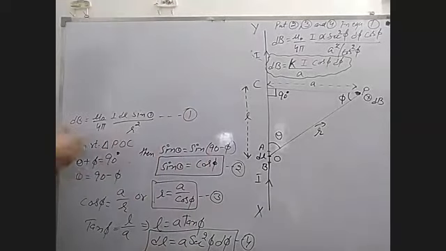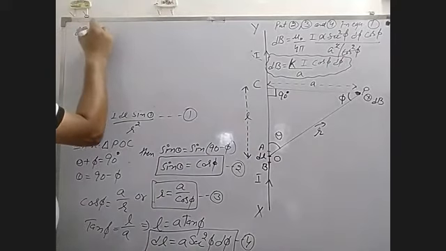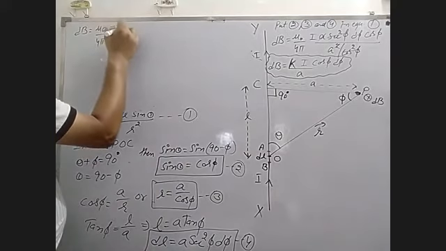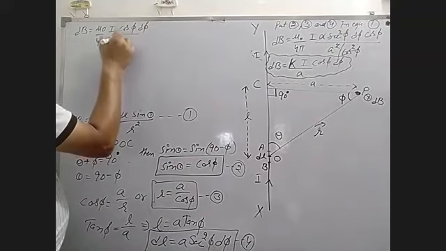Now this result I am writing here. dB is equal to mu naught upon 4 pi I cos phi d phi upon a.